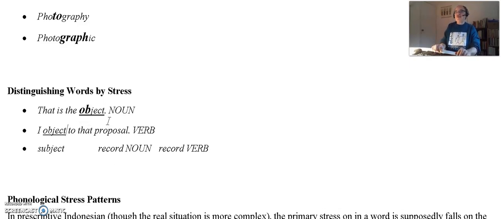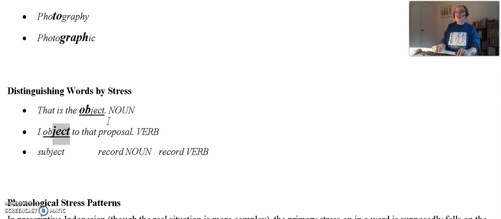Okay? But when it's a verb, when the lawyer says, I object, that's where the stress is. And the difference between these is part of speech. So that is the object is a noun, and I object to that proposal is a verb.